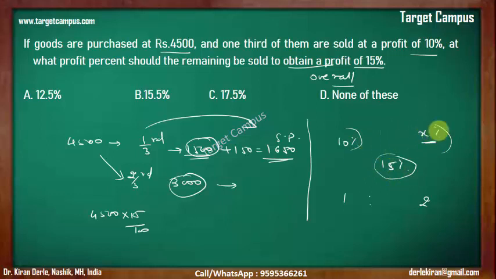Let's see, here we have x%, right? In allegation we always know that if this is more, then this has to be less. So (x minus 15) upon (15 minus 10) is equal to 1 upon 2, since x minus 15 represents 1 and 15 minus 10 represents 2.